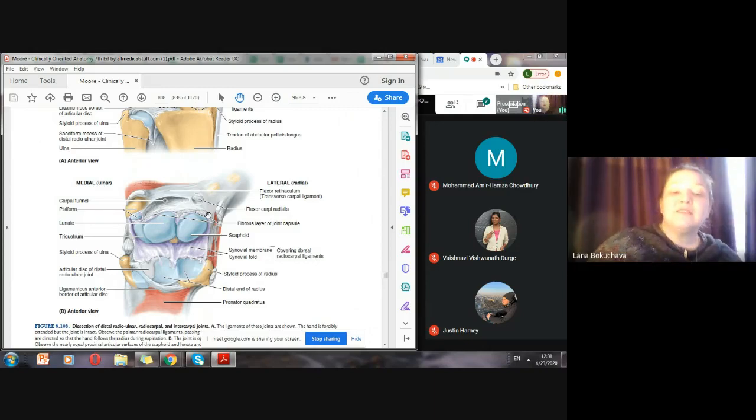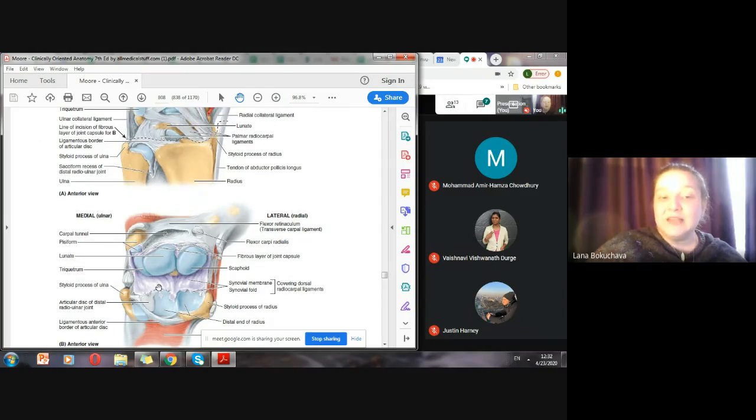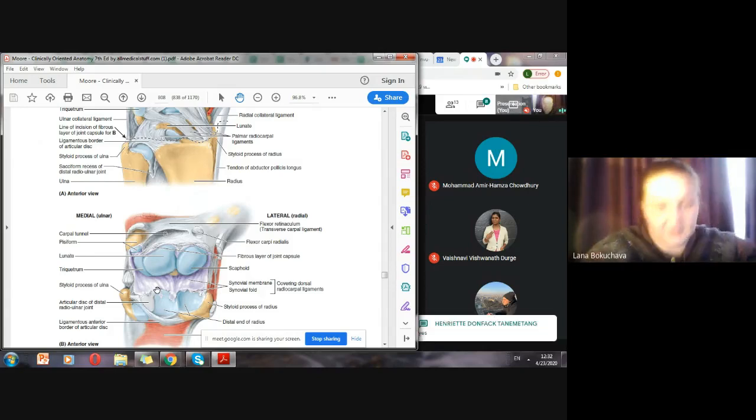So you do have the scaphoid residing in the portion of the distal end of the radius, and here you do have the lunate, which is also residing in the distal end of the radius. At the same time, we said we do have here the part of the articular disc, yes, that even you see how it is invaginating towards the portion of the radius. You see? Is this part clear what I'm saying till now? Yes, good.